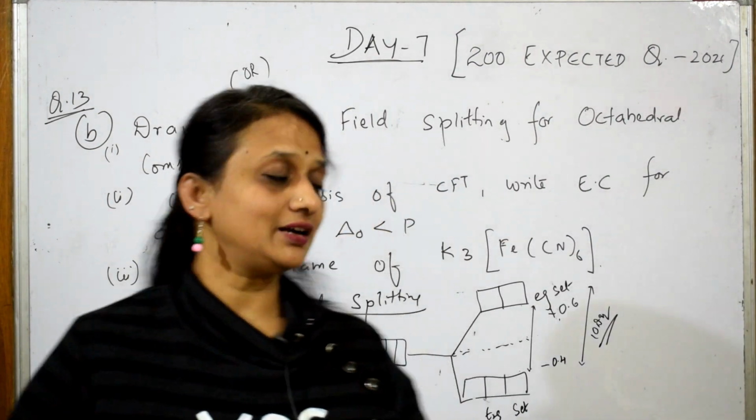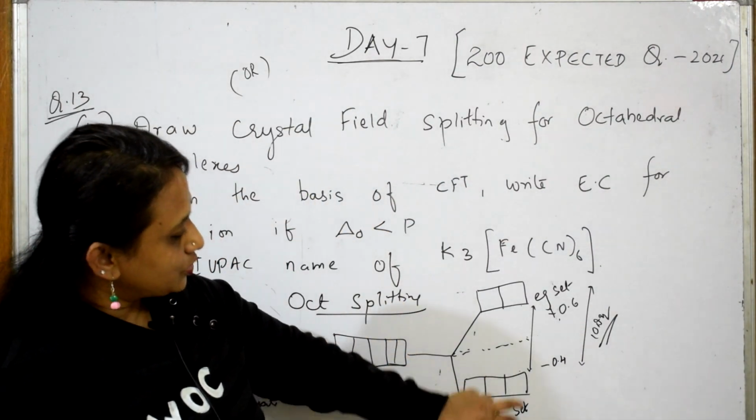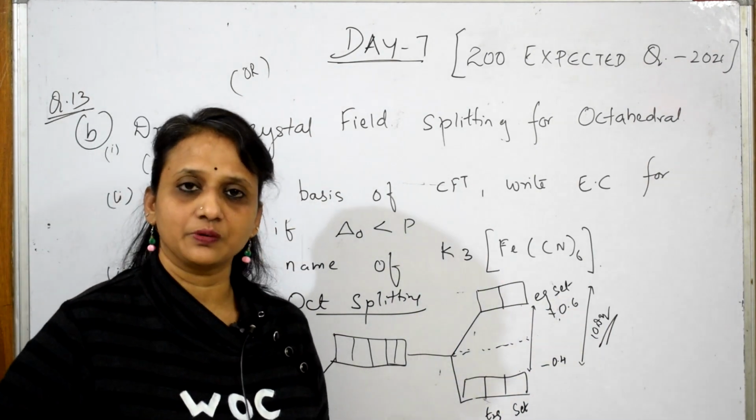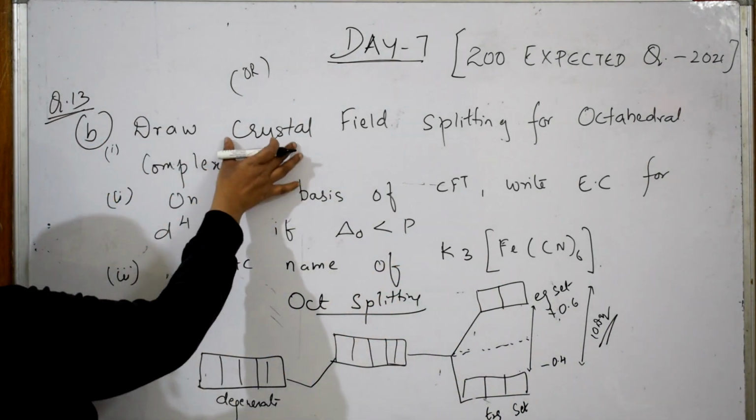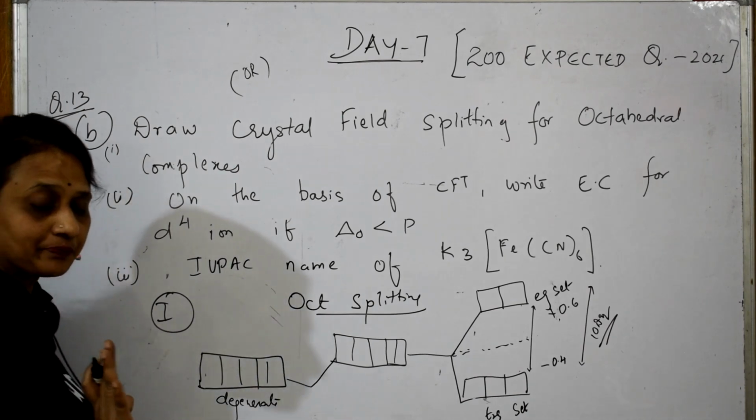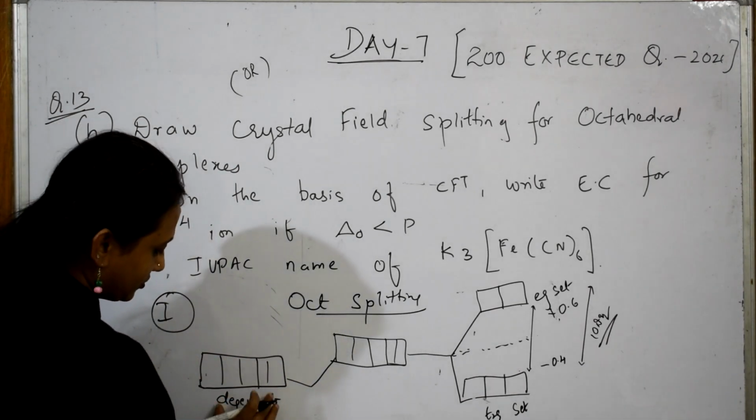When you take tetrahedral, it will be the reverse. T2g will go up, Eg will come down. So they ask you to draw the crystal field splitting. This is the splitting. They are going to check whether you have drawn all.